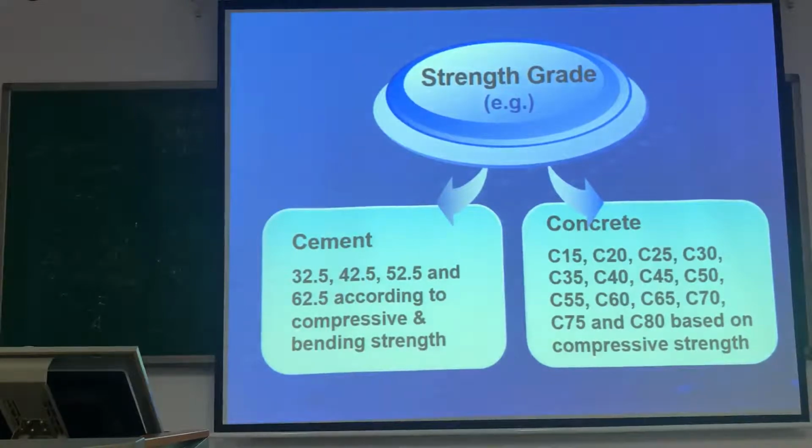If I want to build a very strong house and I want the strength grade of 52.5, should I mix a certain amount of cement with water, or can I just increase the amount of cement to get higher strength of concrete? No.